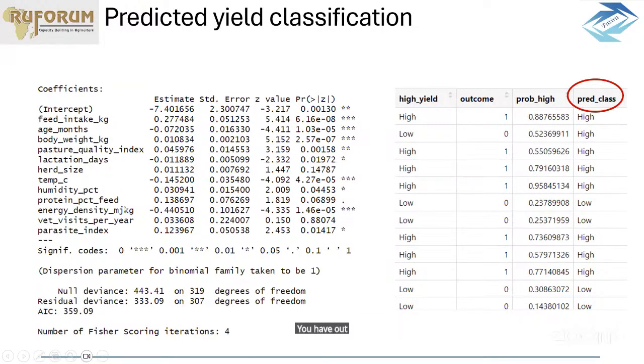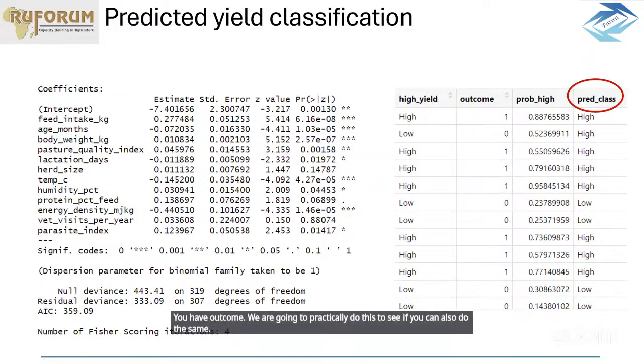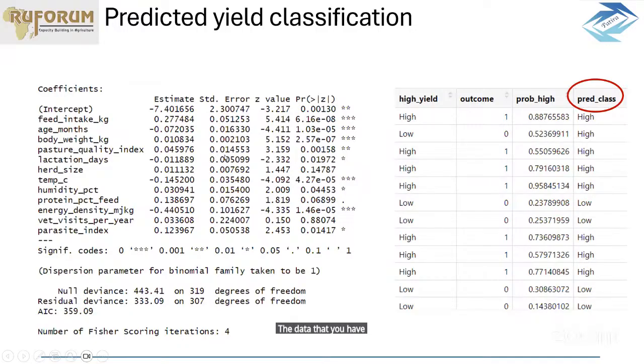We are going to practically do this to see if you can also do the same. The data that you have already has information about high yield. And this information, yesterday we said, is what is collected for us to be able to use to predict. And you predict basing on data that has been collected.